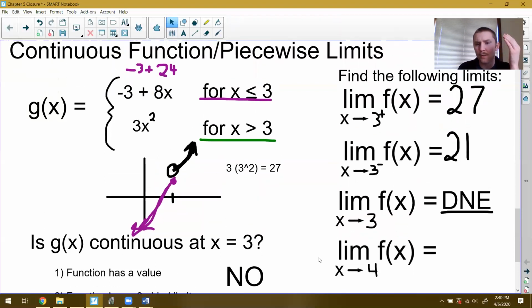Okay, and then the last question for us is, what is the limit of this function as x approaches 4? The first thing I want you to recognize is that when you're asked to find a two-sided limit for a piecewise function, the first thing to decide is whether the limit they're asking for is at the boundary point, where I go from one piece of my function to another.